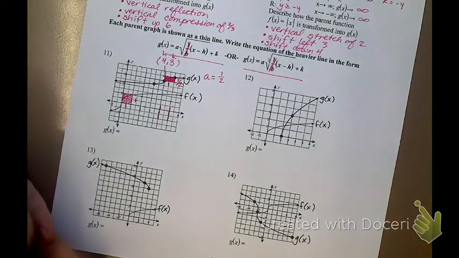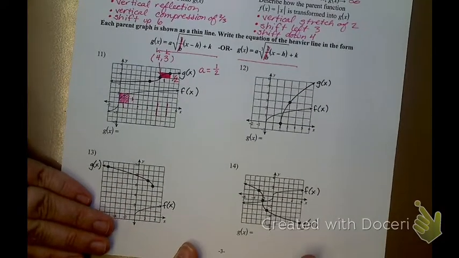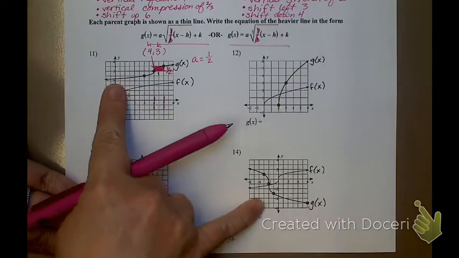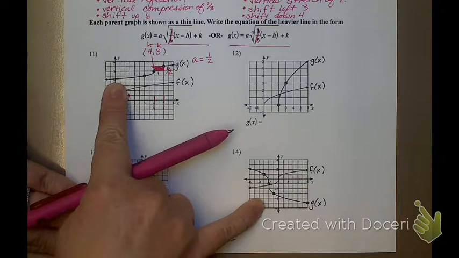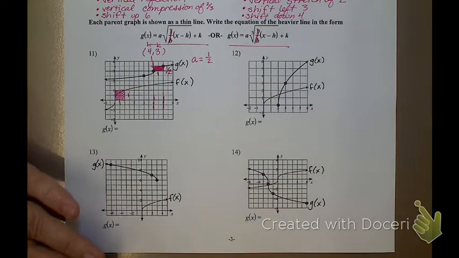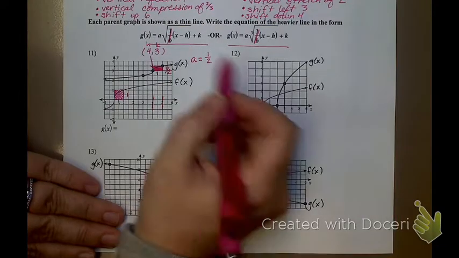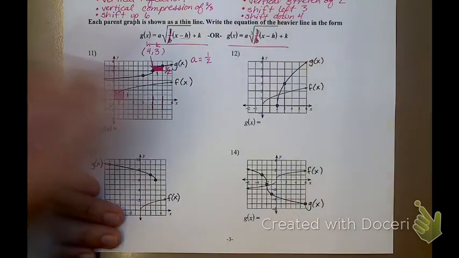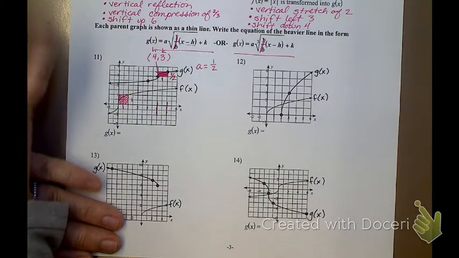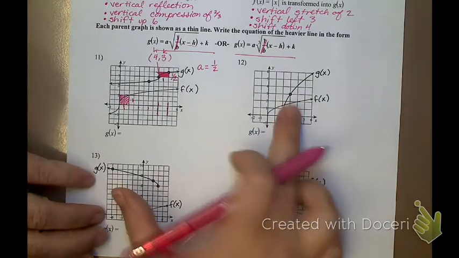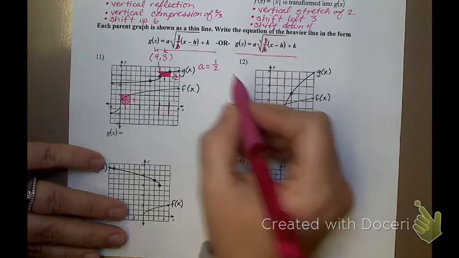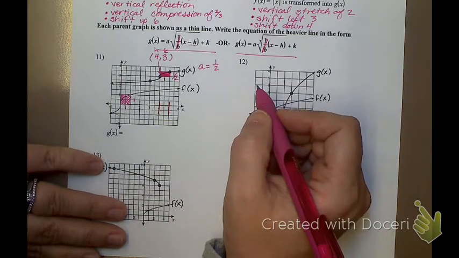Now, my next question is, is there any kind of reflection? With cube roots, it's kind of nice because a reflection, either vertically or horizontally, looks the same on the graph. So I can throw the negative sign on the a and not have to worry about putting a negative sign inside, which is a little more tricky. Square roots, I do have to worry about it, but with these guys, I don't. How do I know if there's a reflection?